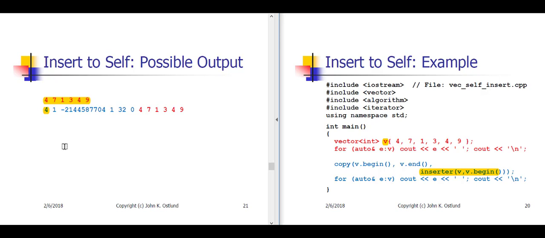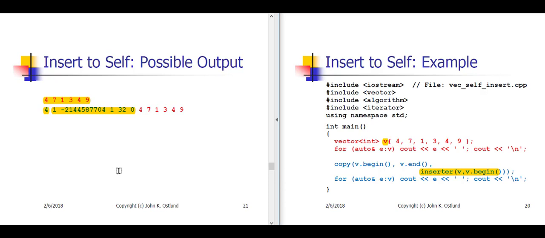However, all the remaining values, in this case 71349, may not get copied over correctly because they've been moved around. And so in my case, on my machine, following the 4, which is inserted in the correct place, I basically have garbage. 1 and then minus 2 billion and something, and then another 1, 32, and 0.